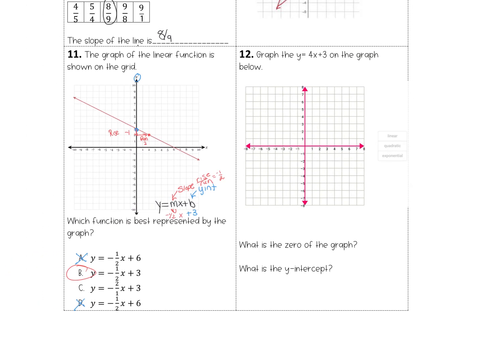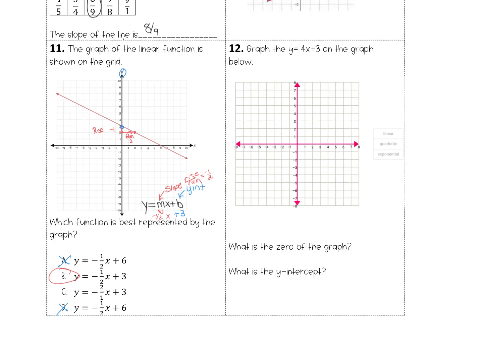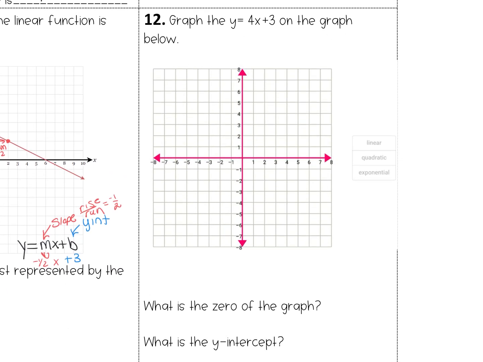Number 12 says, graph y equals 4x plus 3 on the graph below. So again, this is going to be on the computer. So first you're going to pick linear, and then you're going to have to graph 2 dots. You can graph those different ways and get those dots different ways. We'll talk about that just like we did in a previous problem. So the first thing, this is the y-intercept.